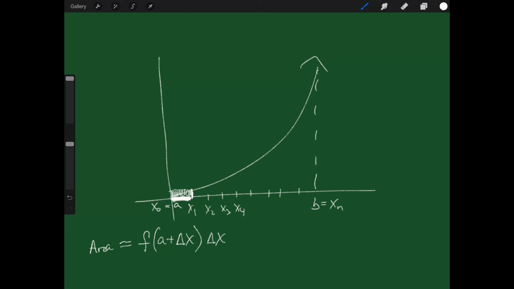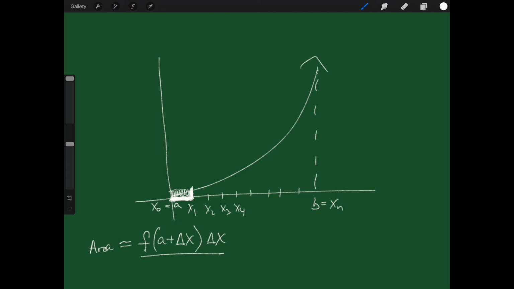So what I'm saying is, start at A, move over delta x, and take the functional value. That's the height. Then delta x itself is the width. And right now I'm assuming that every rectangle has the same width. Okay? So that's what I just wrote right here. That is just the area of the first rectangle.